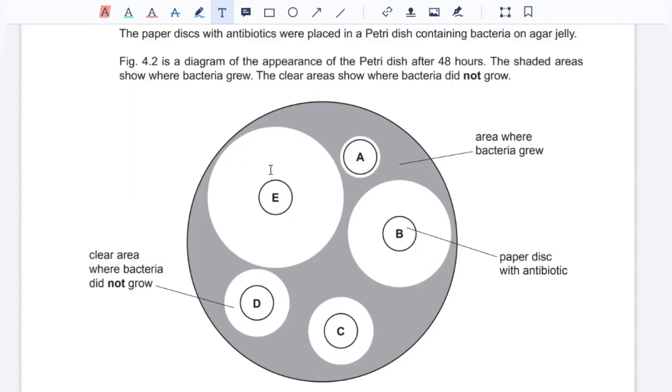So as the antibiotics will kill the bacteria, they will prevent the growth of bacteria and cause the clear area, whereas in the shaded area, you've got the growth of the bacteria where they are not killed.